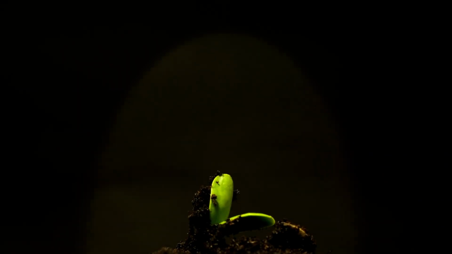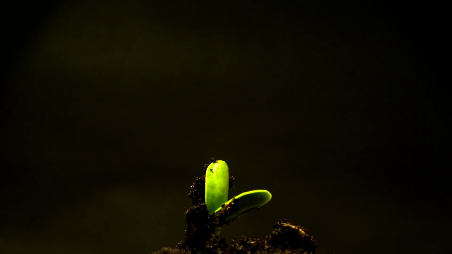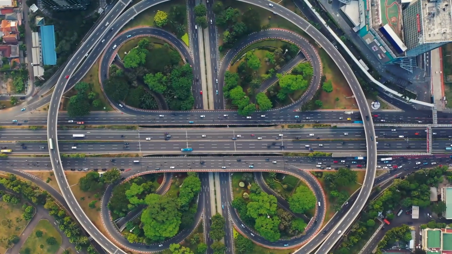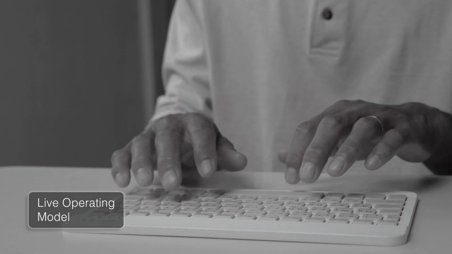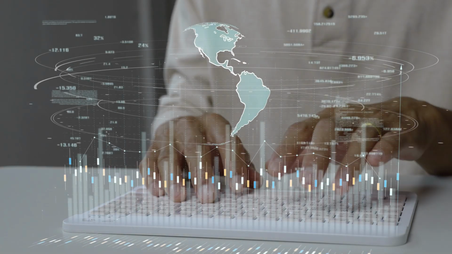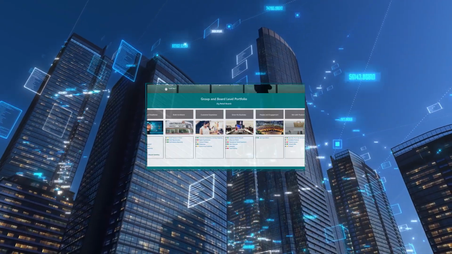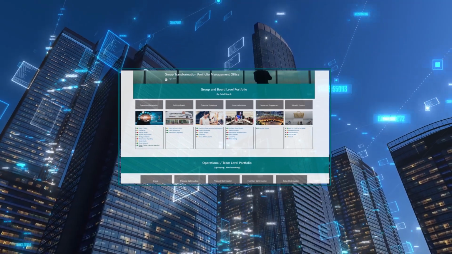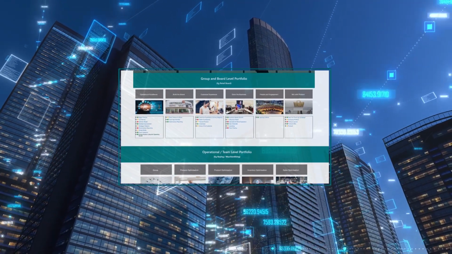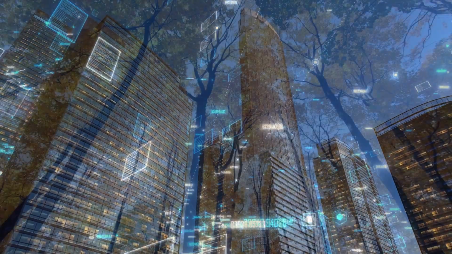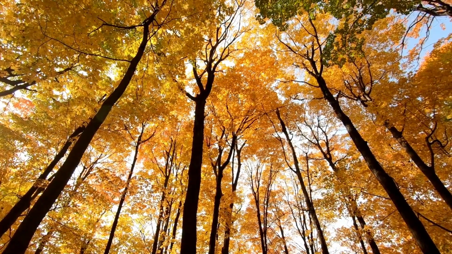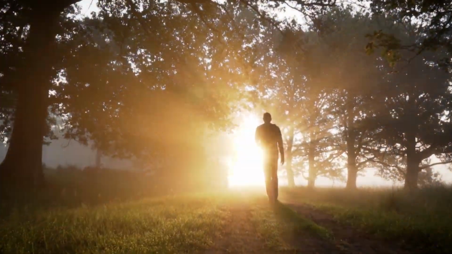So that's like a starter, and after that come critical things such as building your target operating models, setting up your live operating model, and managing your portfolio structures. Now these portfolio structures can be tens of portfolios, hundreds of pillars, thousands of programs, and 10,000 projects. So it can be a massive initiative.